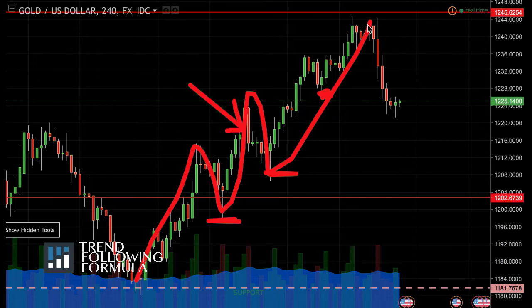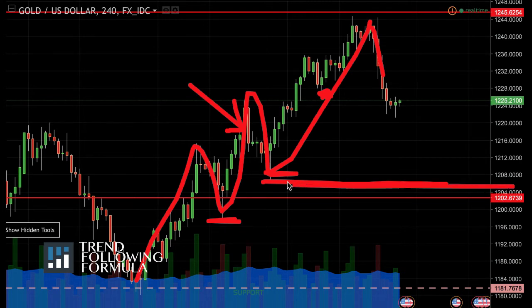Okay, so if we really go below 1208, sorry, 1206, this is where we will need to consider a reversal in that market.